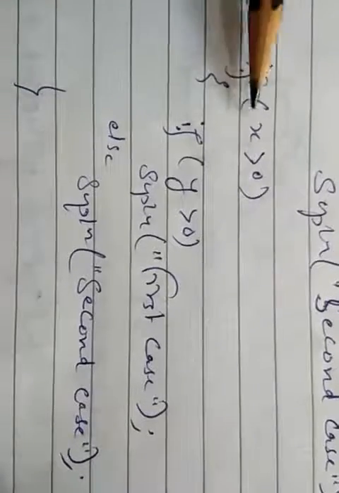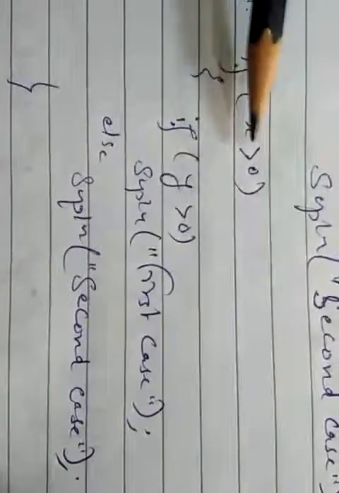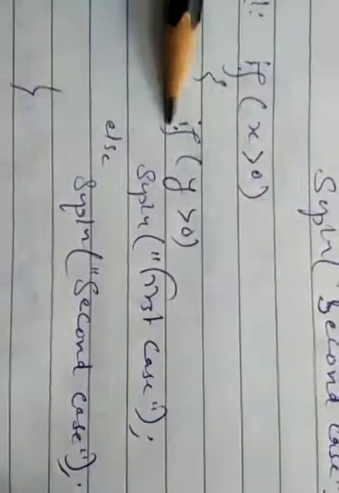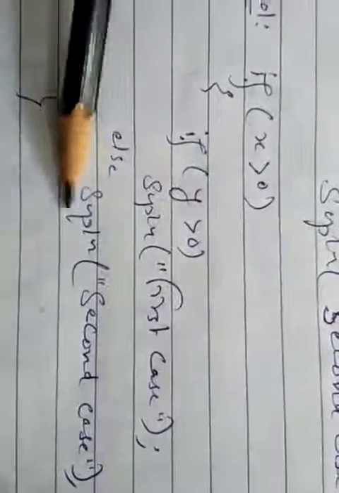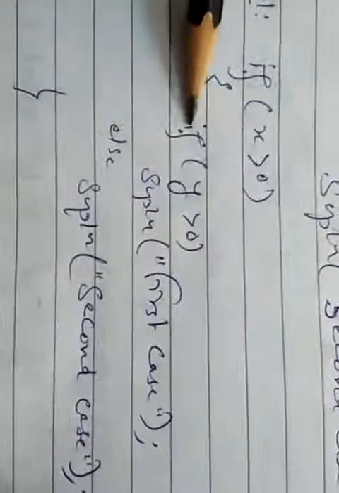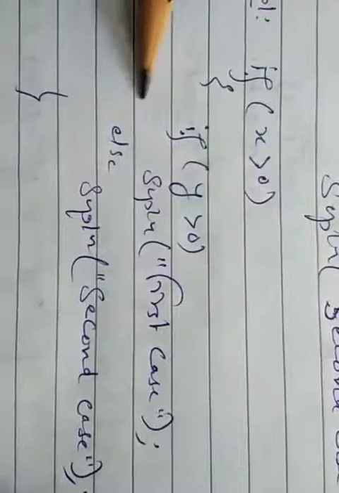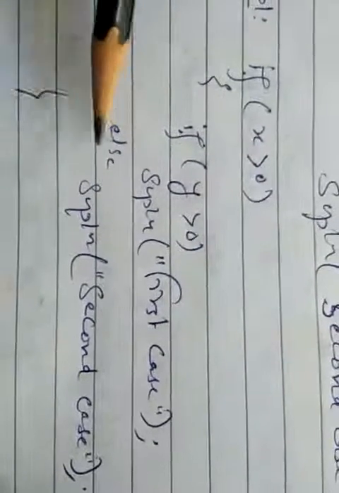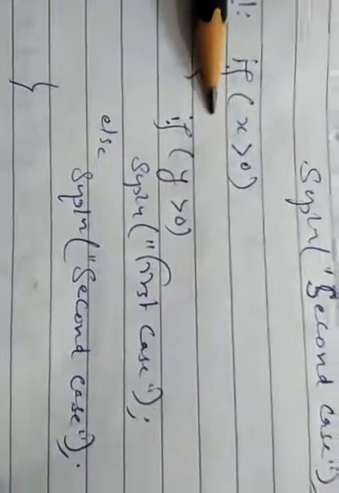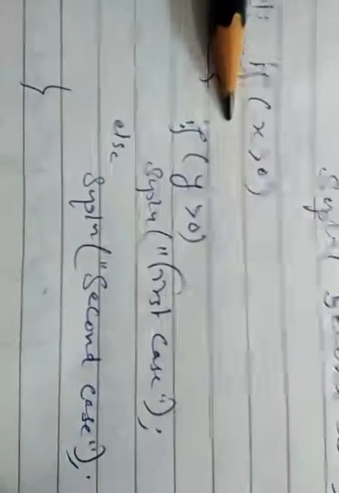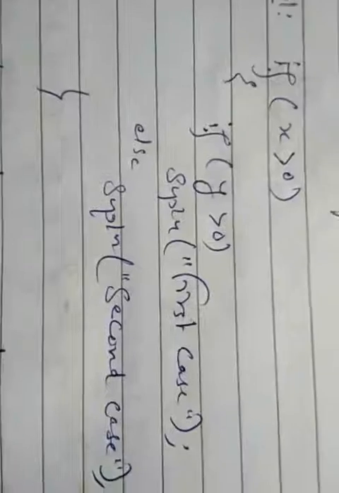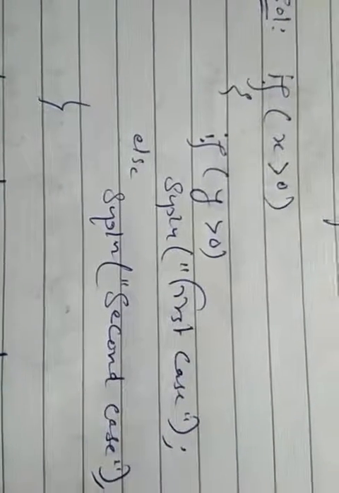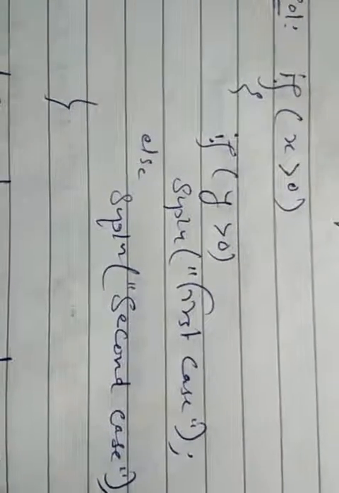So here you can see if x is greater than 0, inside this if y is greater than 0, then first case, otherwise second case. So this is the else of this, or if we write the curly bracket here, this will become the else of the first if statement. So the curly bracket also plays an important role in programming, because where you put the curly bracket, the meaning of that statement will change.